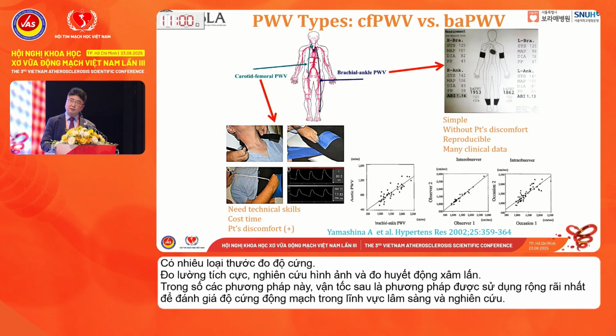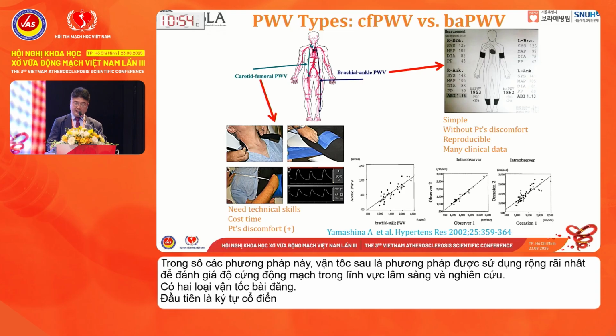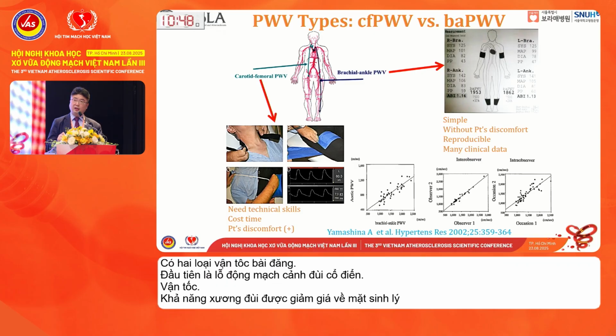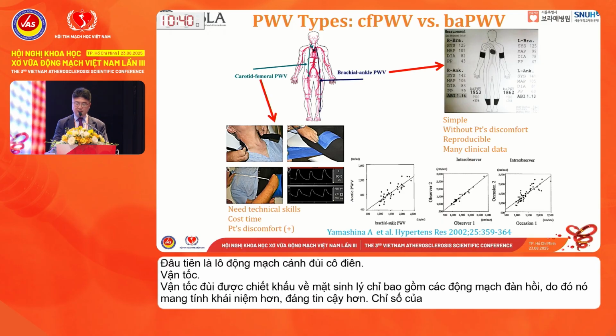There are two types of pulse velocity. The first one is the classical carotid femoral pulse velocity. Physiologically, this carotid femoral pulse velocity includes only elastic arteries, so it is a more conceptually reliable indicator of arterial stiffness.